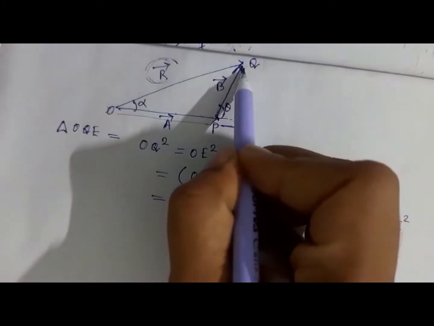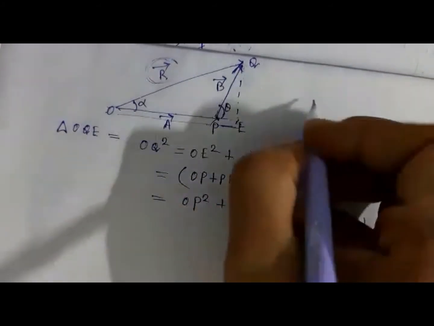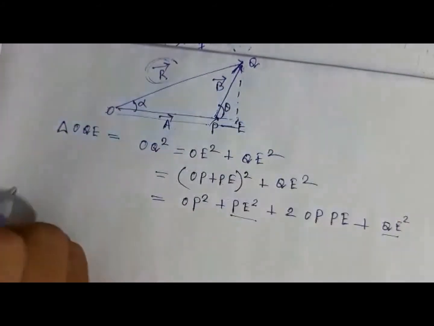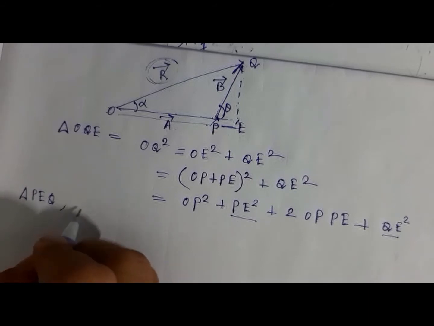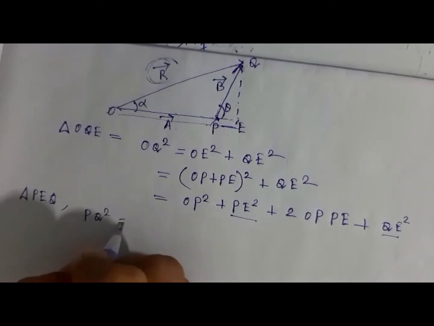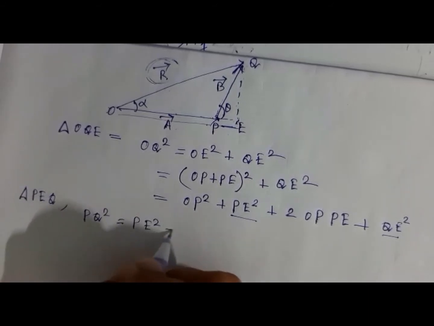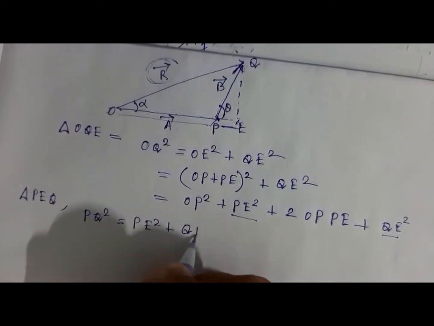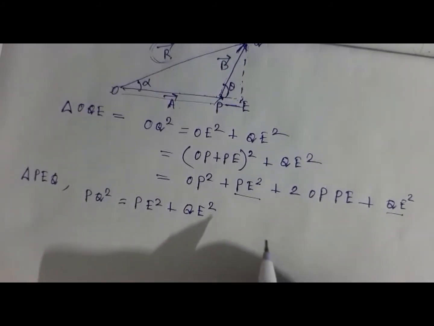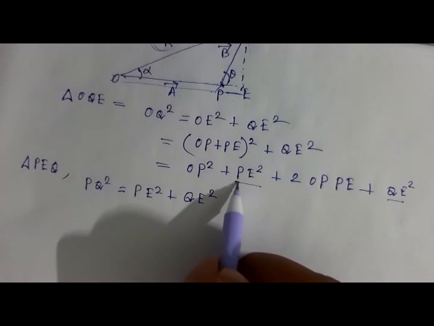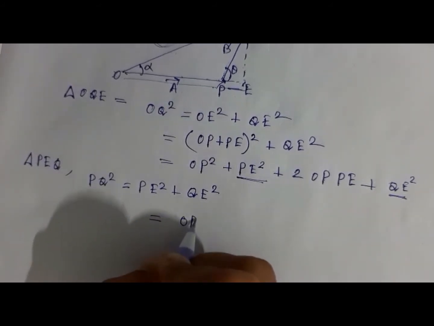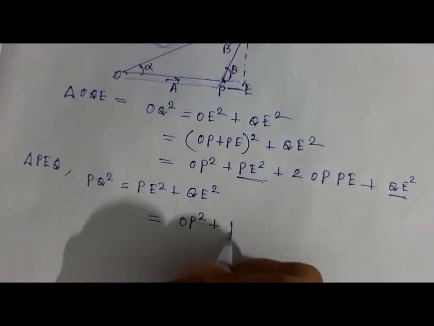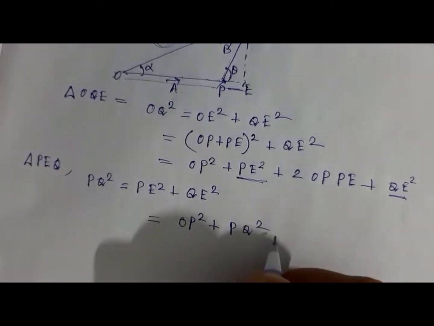For the triangle PEQ, your PQ square is going to be PE square plus QE square. So for this, your PE square and QE square you can substitute by PQ square.